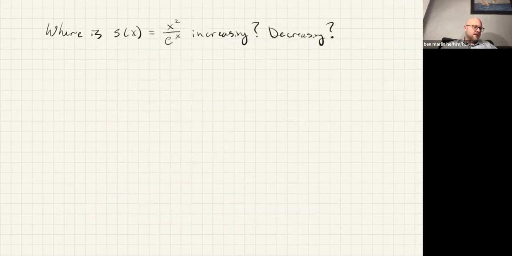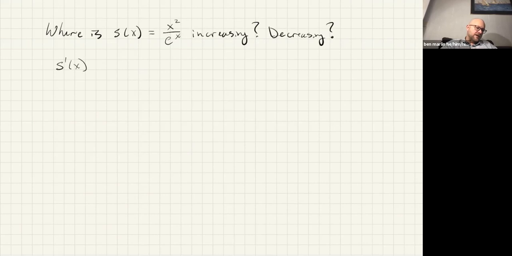All right. So next, we're going to try to figure out where this function is increasing and decreasing. So we'll have to start out with our quotient rule here.